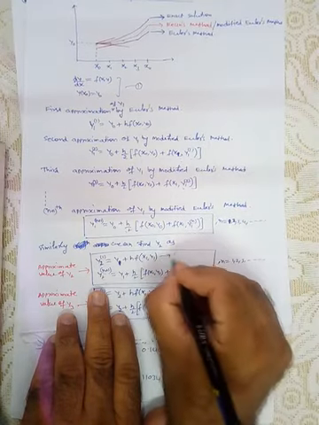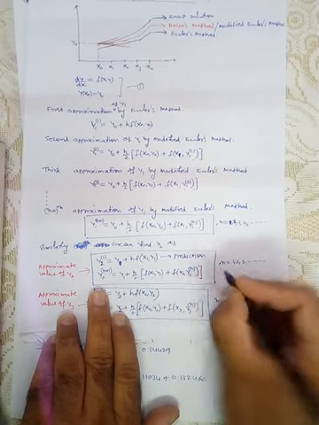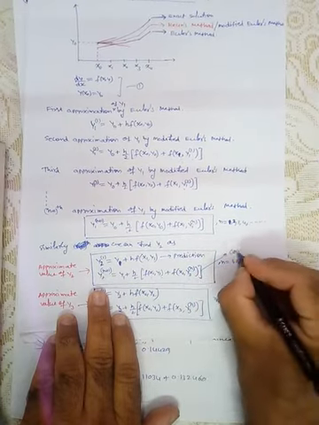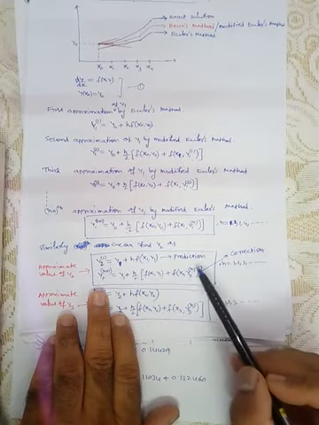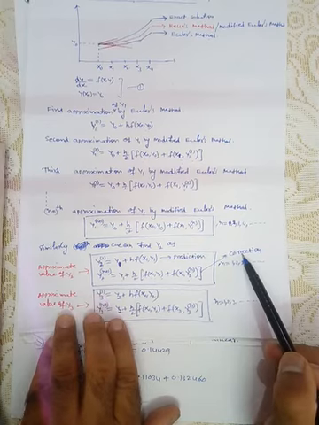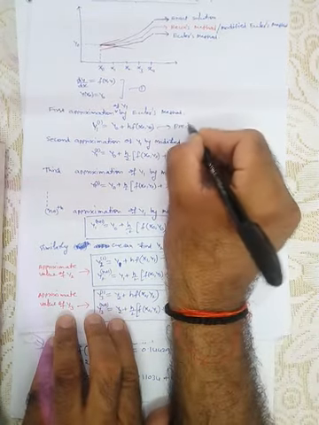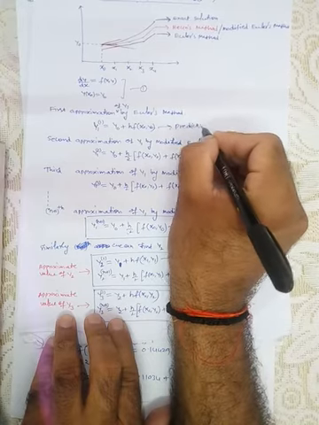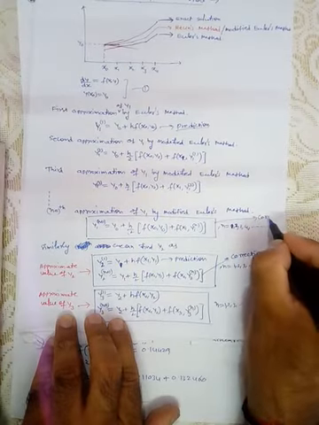First, this is for prediction, and this second formula is for the correction. This is for prediction, this is for correction. Fine. Similarly, this is the prediction, and this formula is for the correction.